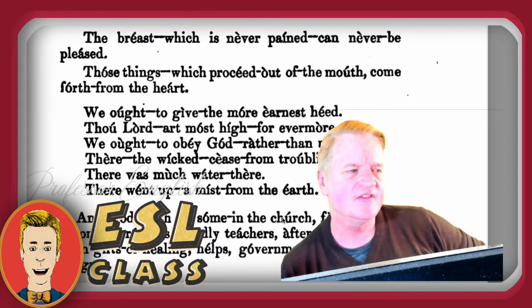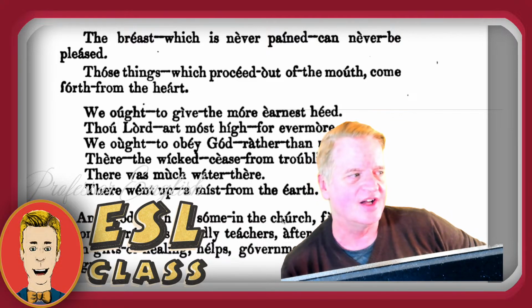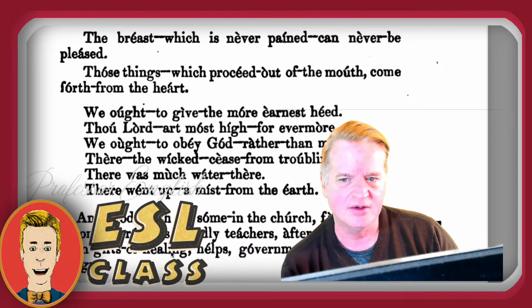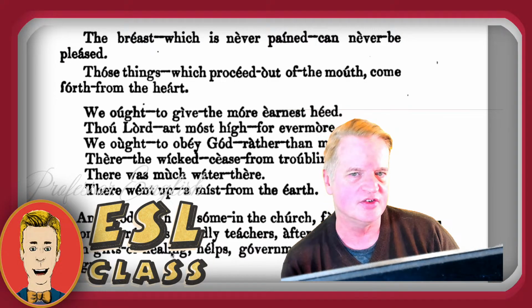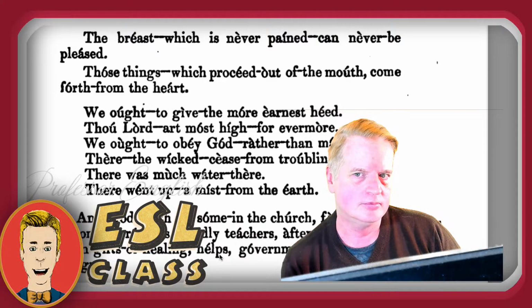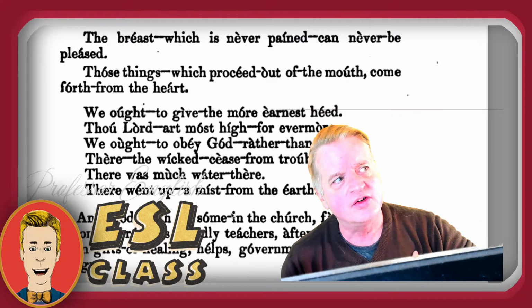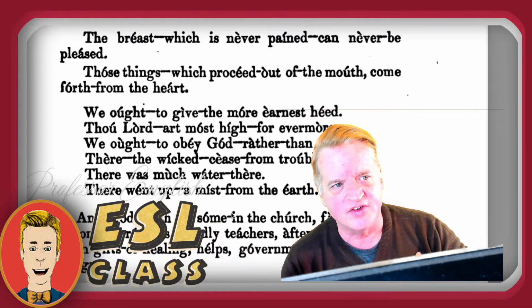Okay. What do you think that means? Pained is not something you would probably use in modern English, but I think you could understand it. The breast, which is never pained. Bent like from pain. Yes. So the heart. Remember, breast and heart, they could be the same thing.